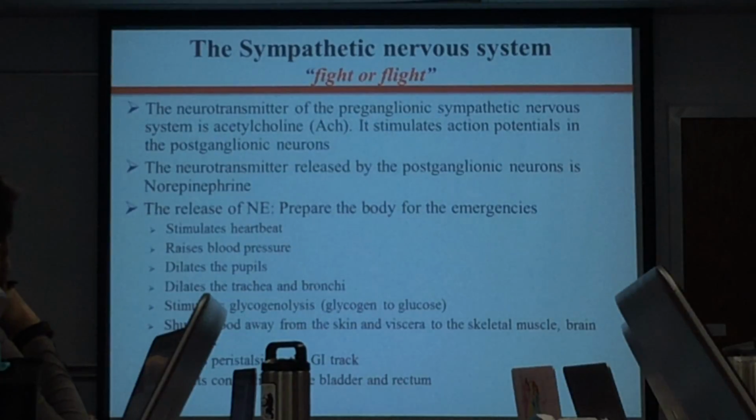The pupil is dilated. Bronchi are dilated, and glucose synthesis is increased because of the demand for energy when you're getting excited. The blood is pulled to the skeletal muscle, to the brain, to the heart, so you can have vigorous activity.